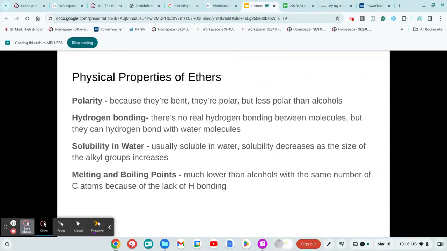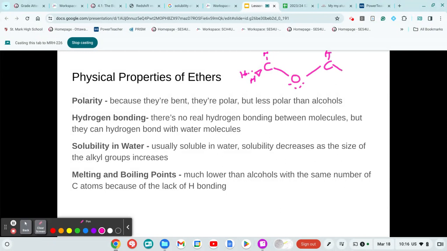So for ethers, I'm going to take a second and draw an ether. I'm going to do a terrible job drawing an ether. Okay, so ethers have a bond between carbon and oxygen in the center of kind of two carbons there.